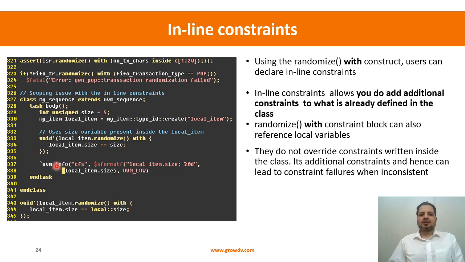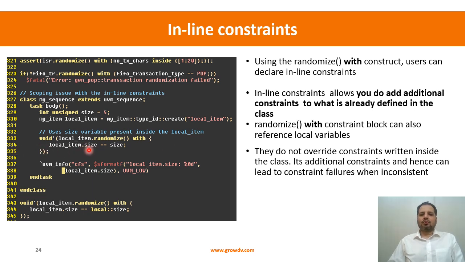When that happens, and you write the inline constraint local item dot randomize with local item dot size equal to size, there could be some confusion in the way the constraints get constructed, because this constraint, being additive in nature, has access to the variables present within this particular class.